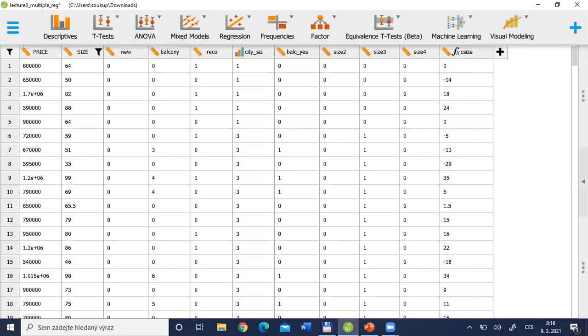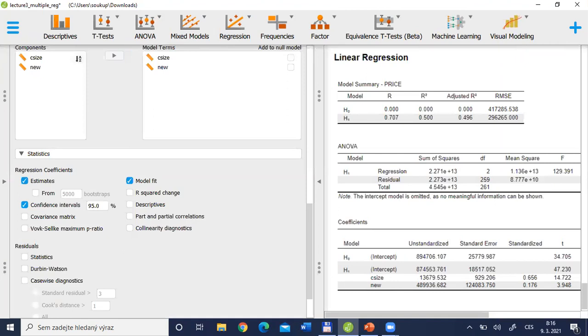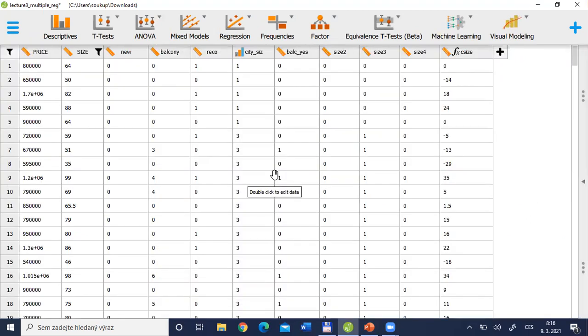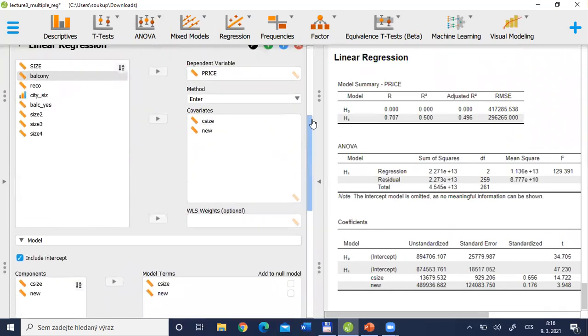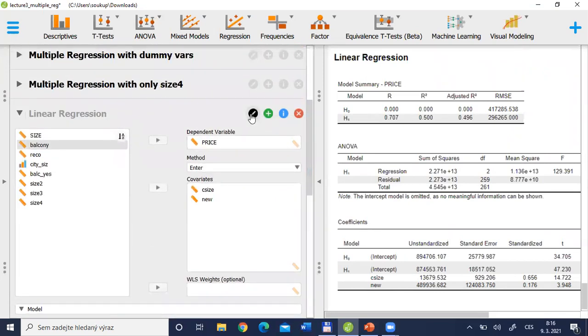Fortunately, JASP can prepare interactions also in an easy way, so it's not necessary to go back into the data matrix and create the multiplication. So I will make only a note for this model.